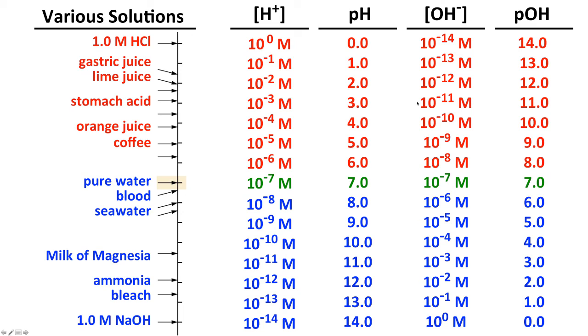So if the hydroxide ion concentration is 10 to the minus 11th molar, the negative log of 10 to the minus 11th is positive 11, so the pOH is 11. And notice that just like H+ concentration times OH- concentration always equals 10 to the minus 14th, pH plus pOH always adds up to 14.